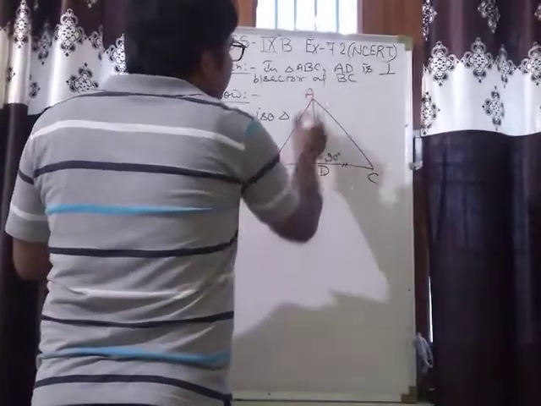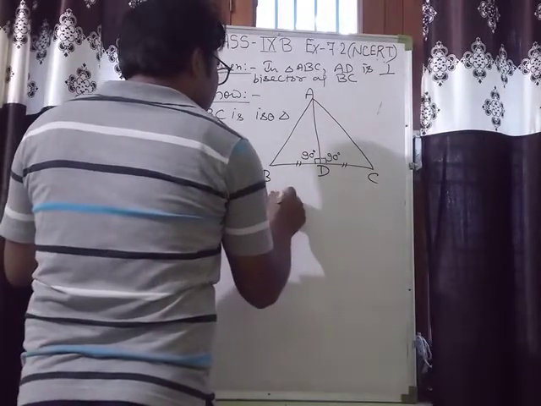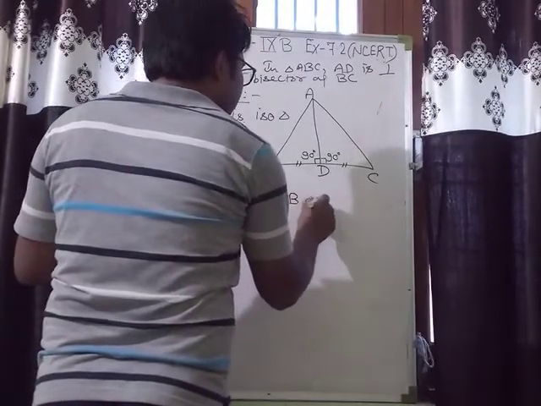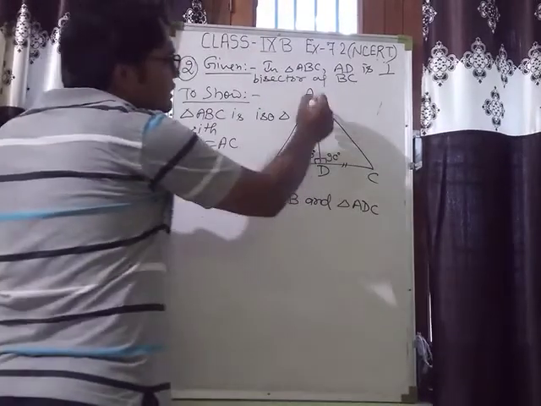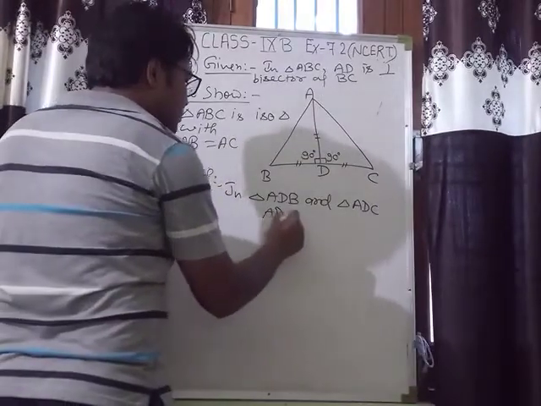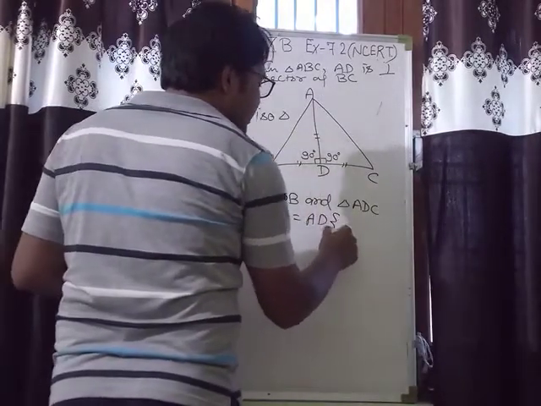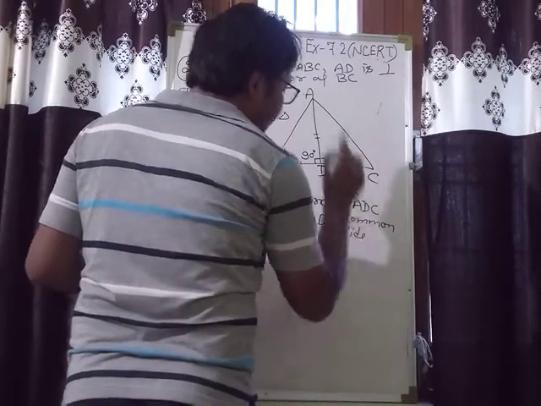Consider triangle ADB and triangle ADC. In triangle ADB and triangle ADC, you can see AD is the common side in both triangles. AD is equal to AD, that is the common side. Okay.